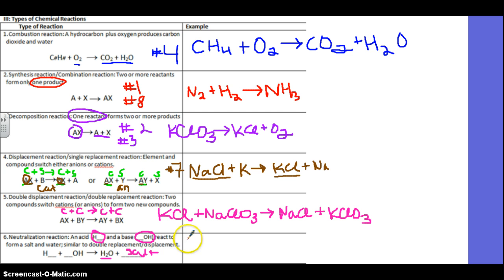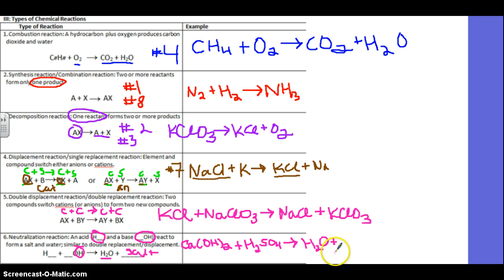Here's an example of neutralization. How about calcium hydroxide, Ca(OH)2, there's the hydroxide part of the reaction, plus sulfuric acid, H2SO4. That's an acid because it begins with hydrogen, producing water. That's a specific product of neutralization, water.